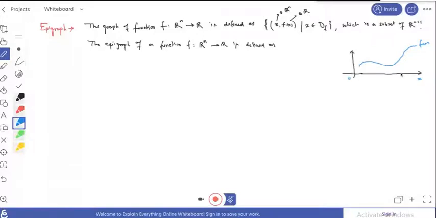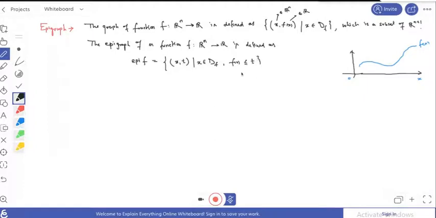This is defined by a formula. The epigraph, ep of f, equals the collection of all ordered pairs x and t, such that x belongs to the domain of the function and f(x) is less than or equal to t.